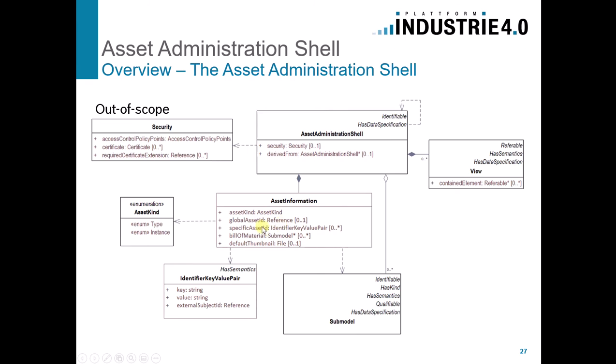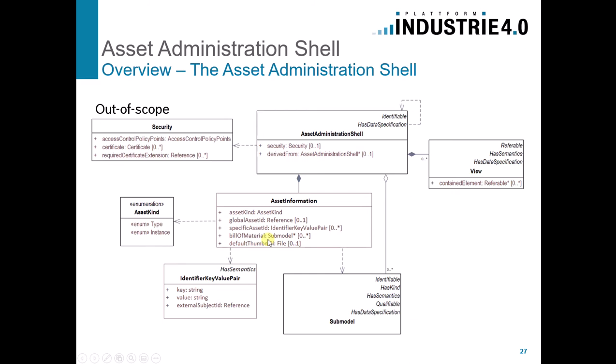But later you should really add a global asset ID. Specific asset IDs are identifier key value pairs, and this is meant to also add additional asset IDs that you use, for example, in your own company, or you could use the specific manufacturer ID, the supplier ID, whatever you want to. And then there is also the bill of material.